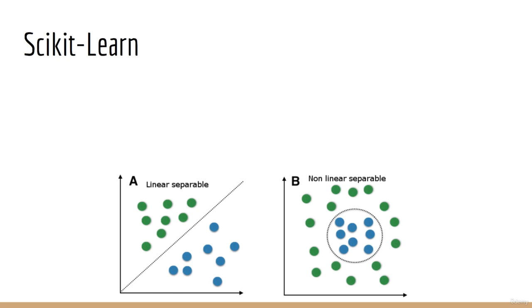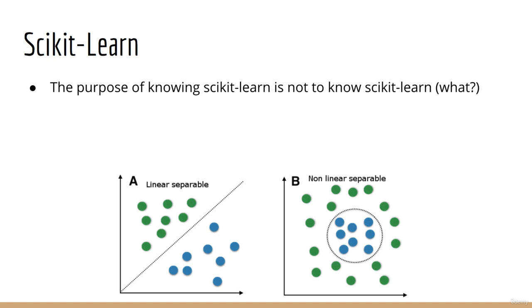Finally, we have Scikit Learn. Now, the point of knowing about Scikit Learn isn't to know about Scikit Learn per se. It's to know about the concepts behind using Scikit Learn. In other words, you're going to have to learn about the basics of machine learning in order to make proper use of Scikit Learn. Again, I reiterate, I teach this for free, so I don't anticipate any problems catching up.